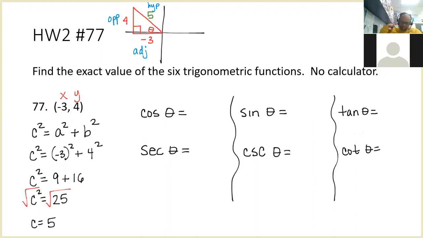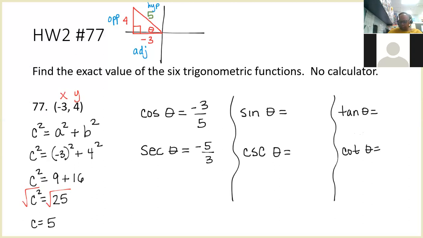Let's keep in mind that these are the only two that are negative. Our cosine, because x is negative, and if cosine is negative, its sister secant is also going to be negative. So cosine is adjacent over the hypotenuse. That would be -3/5. And its sister would be -5/3.